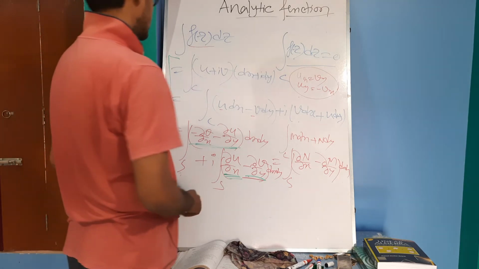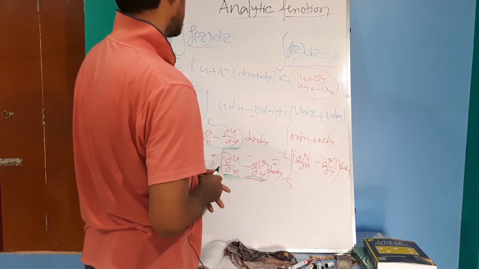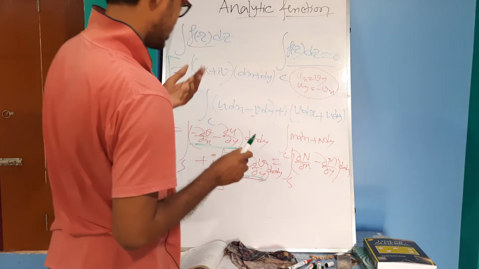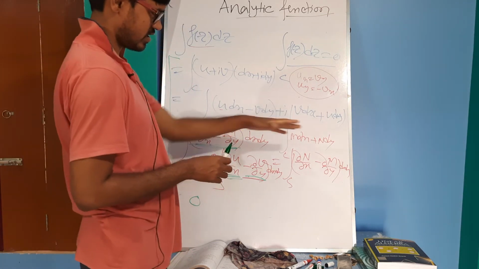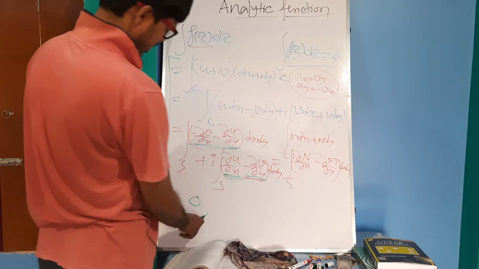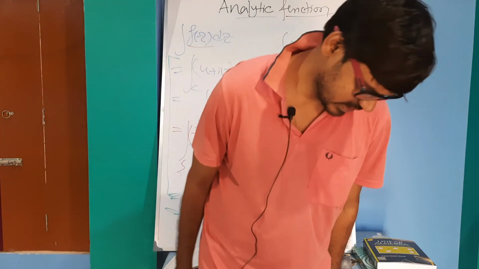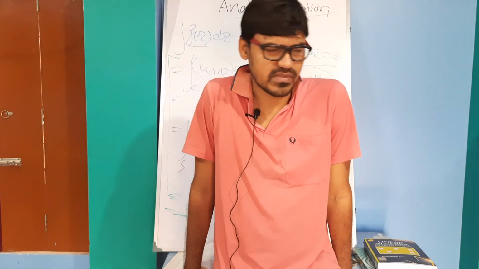So what is Cauchy theorem? If the function is analytic on a closed curve C and the derivative of f of z is continuous, then we can use Green's theorem and the Cauchy-Riemann equations, so the value will be 0. It is a very fantastic result, and you will find it is important in several problems and related theorems.